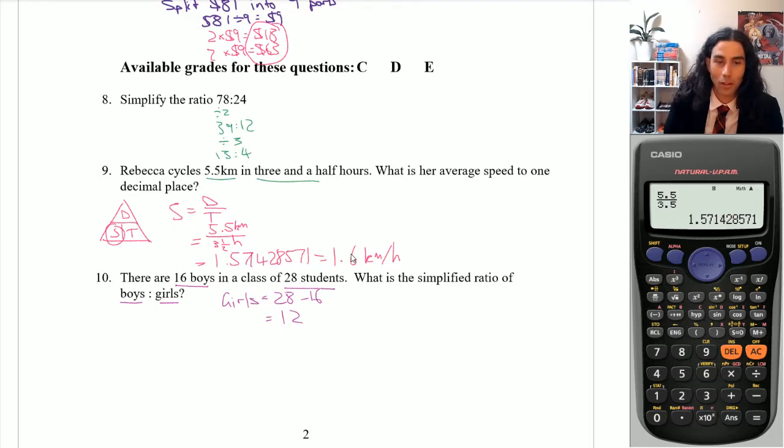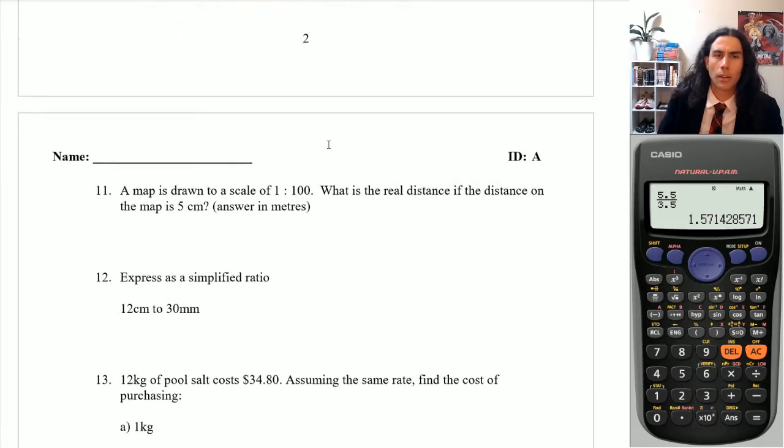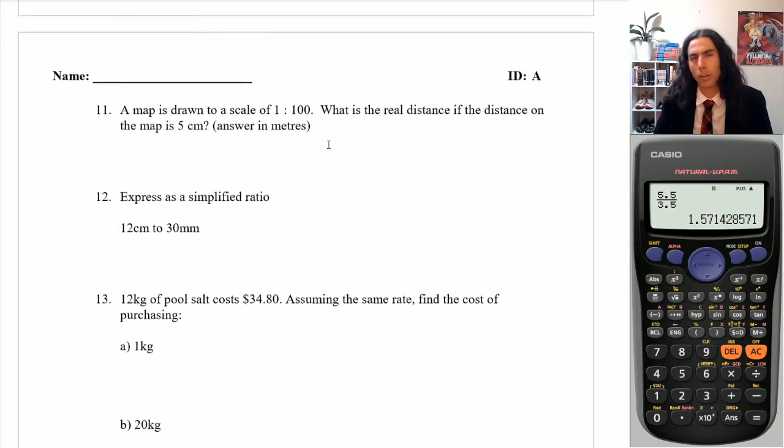So boys to girls is going to be equal to 16 to 12. Simplify it. Divide that by 4. You can get 4 to 3. Could do that in a calculator as well. Easy question. We go from hard to easy. It's all over the place. All right. I'm going to do the next one in 5.